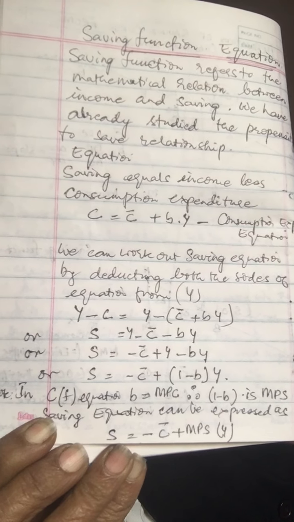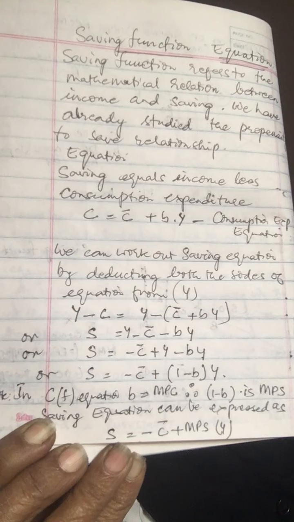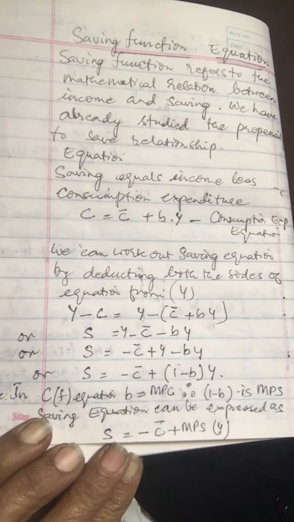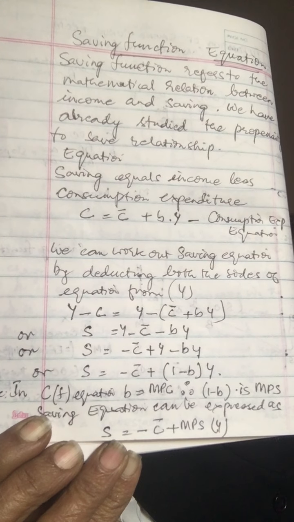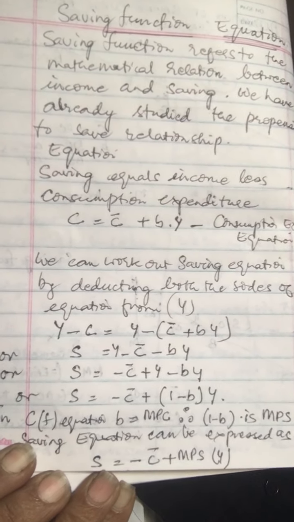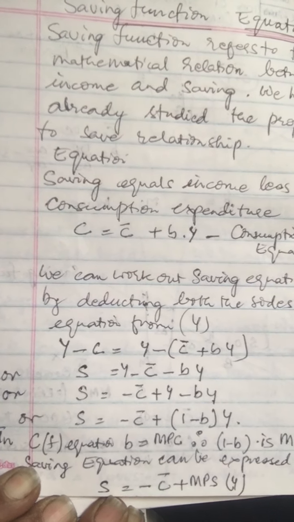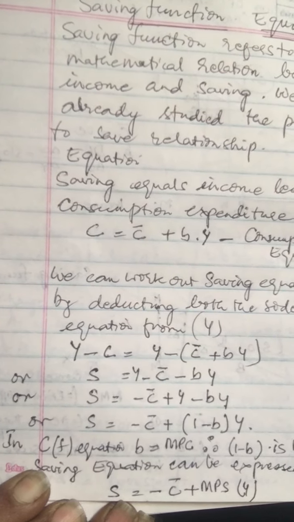So this is how we work it out, stepwise. How do we derive the formula of the saving function from the consumption function? This is just a question for you to do: write the steps involved to derive the consumption curve from the saving curve.